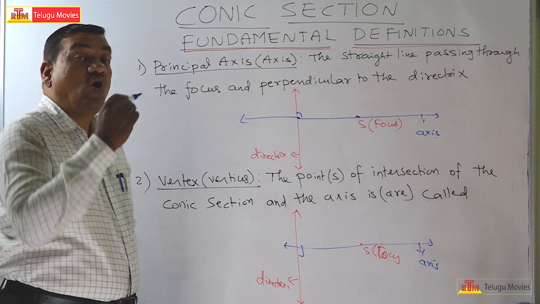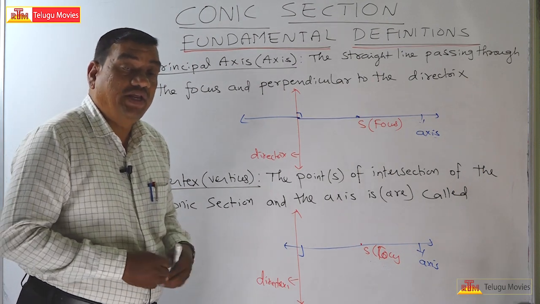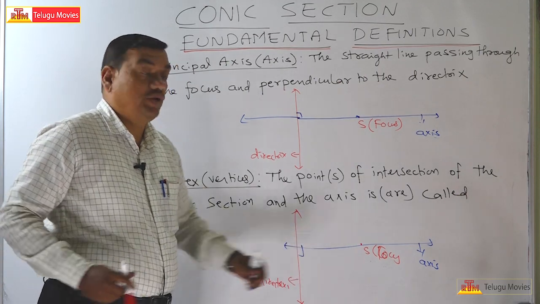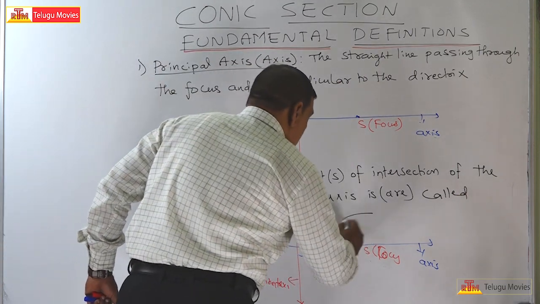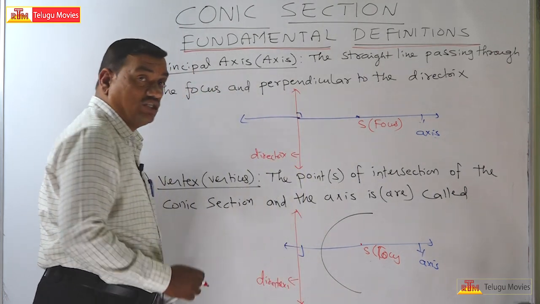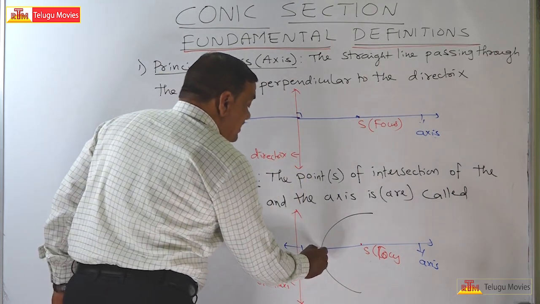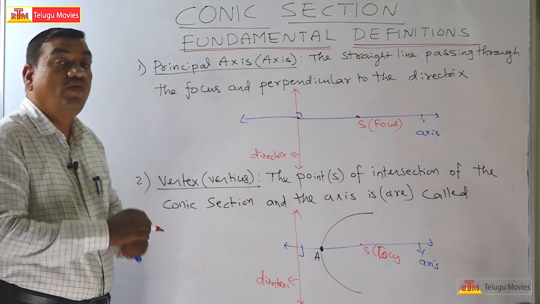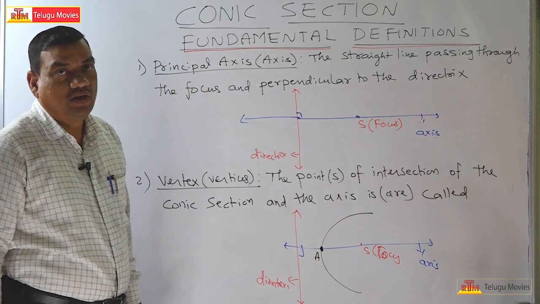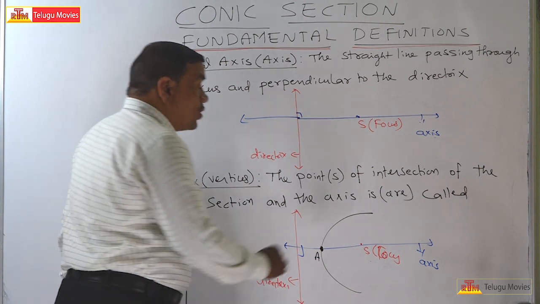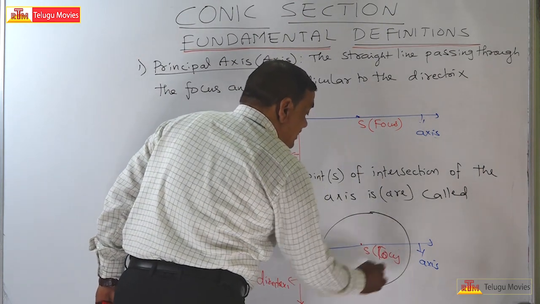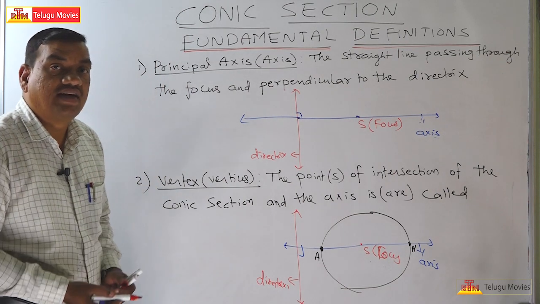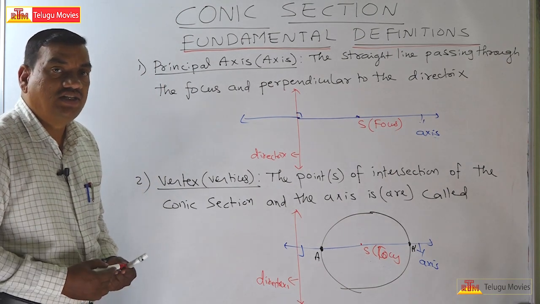Now vertex means, whatever may be the conic, the point of intersection of the conic with the axis of the conic. For example, this is a section of the conic. It intersects the axis at A, therefore this point A is called the vertex of the conic. If the conic intersects the axis at two points, those points are also called vertices.